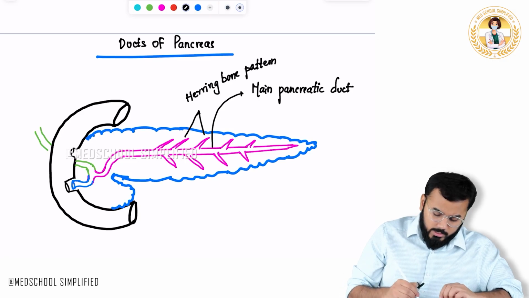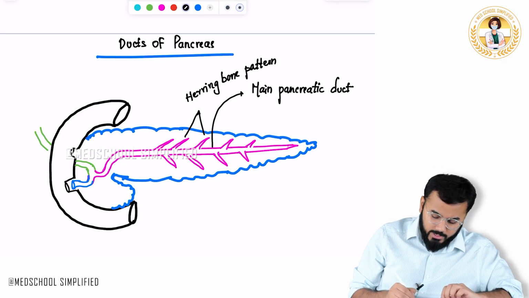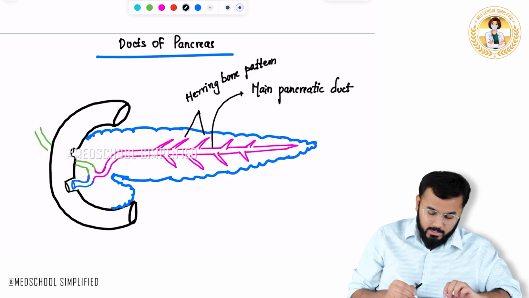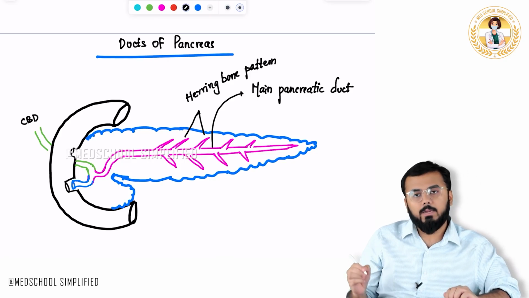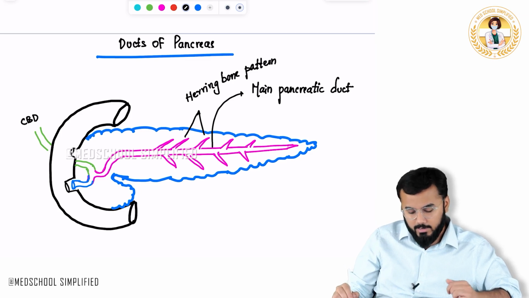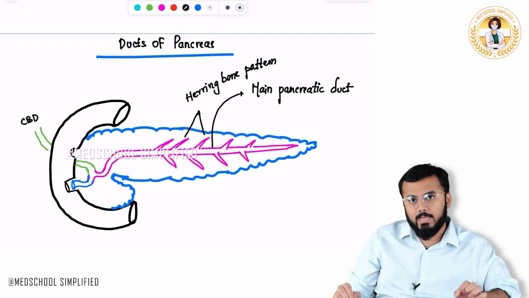The duct which is coming here is called the common bile duct. The common bile duct and main pancreatic duct together join and form the hepatopancreatic duct.